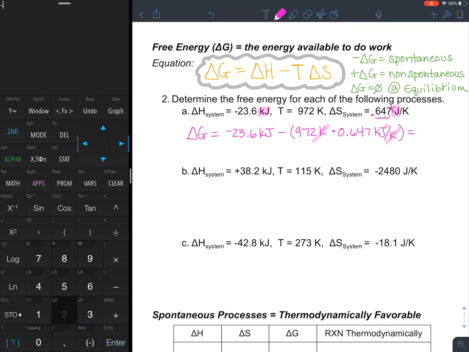And so we'll do our negative 23.6 minus, in parentheses, 972 times 0.647. There we go. I got all my numbers right finally. Okay, and we get negative 652. Did I plug that in right? Let me double check my numbers.